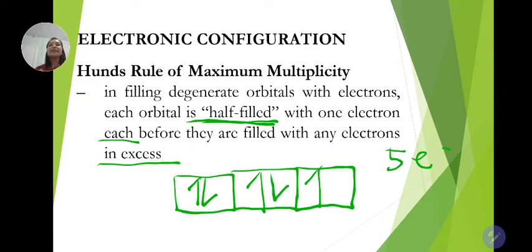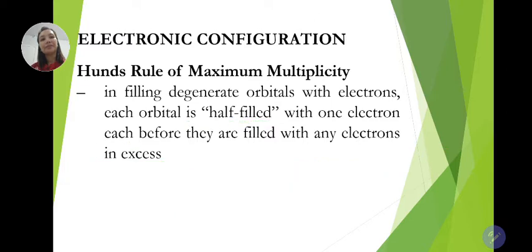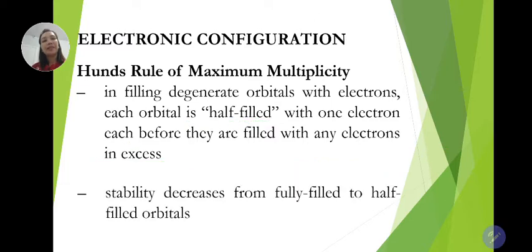So, that is how we fill the electronic configuration using the Hund's rule of maximum multiplicity. And then stability decreases from fully filled to half-filled orbitals. So, ang theory na to, para makakuha tayo ng stability is we use this Hund's rule of maximum multiplicity.